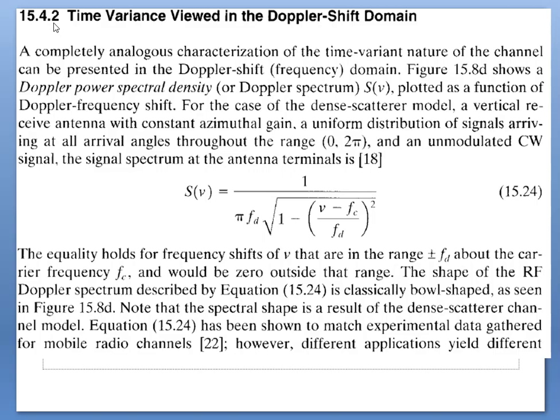The shape of the RF Doppler spectrum described in the equation above is classically bowl shaped, as shown in the figure above. Note that the spectral shape is a result of the dense scatterer channel model.